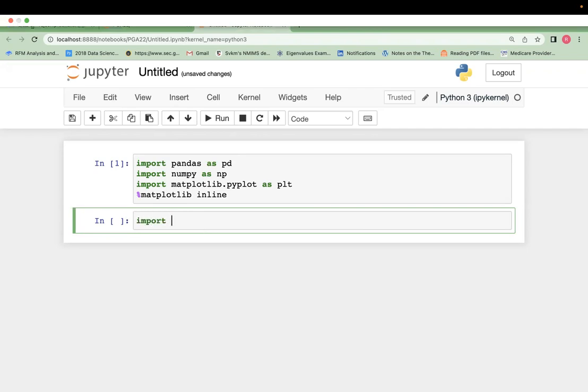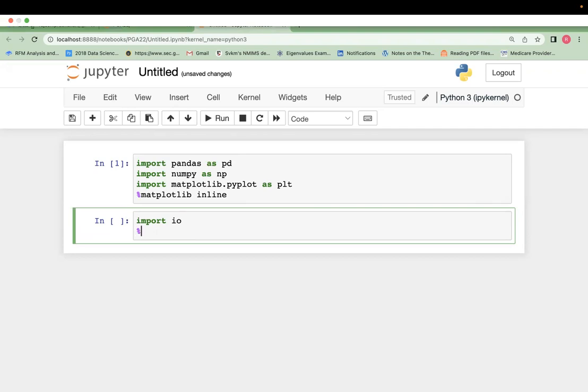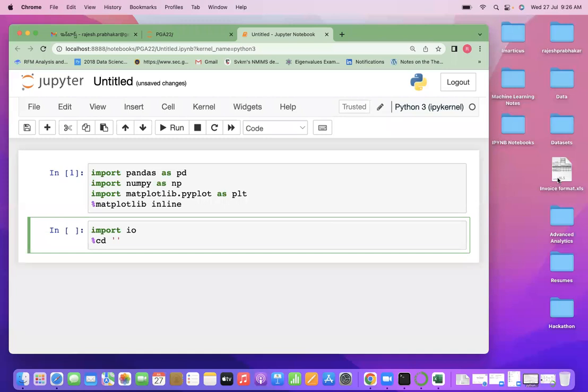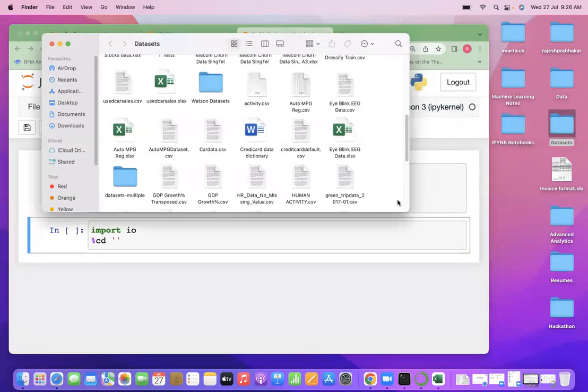So import io, percentage cd, and we import the datasets.